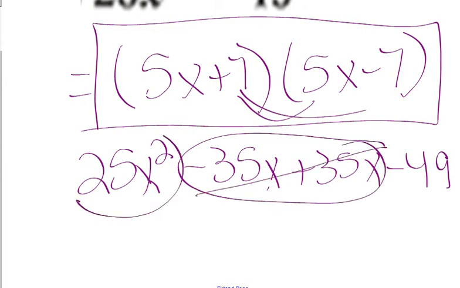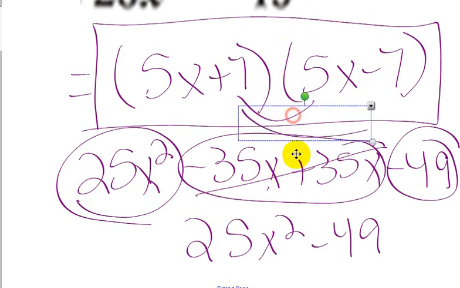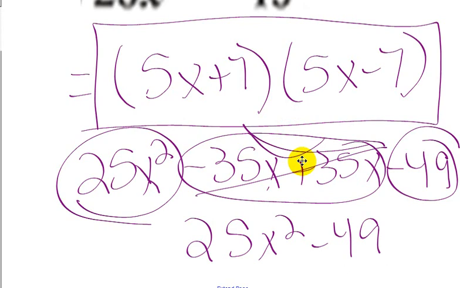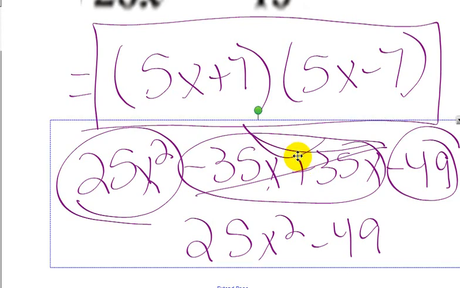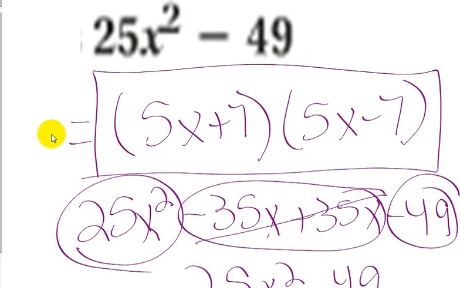And what are we left with? A squared minus b squared: 25x squared minus 49, what we started with. So do you see how that factorization works? And that rule works so easy for us? It's sort of a shortcut. Any questions on that?